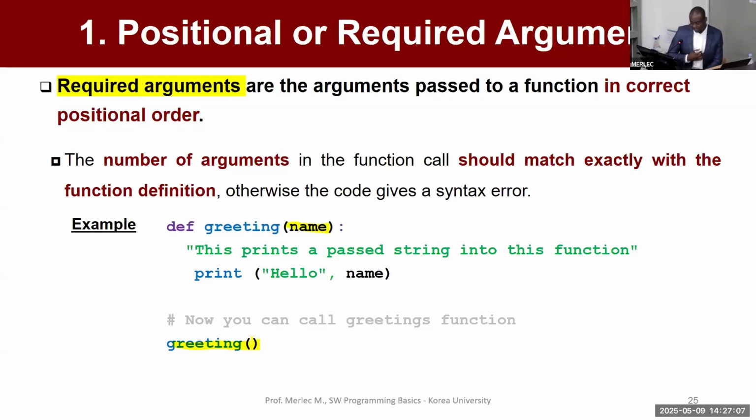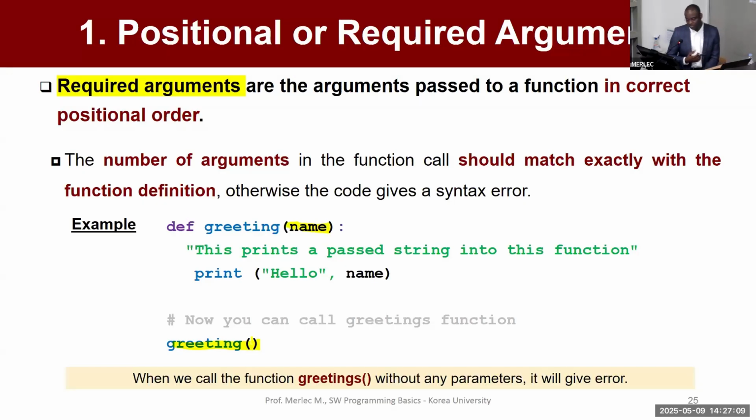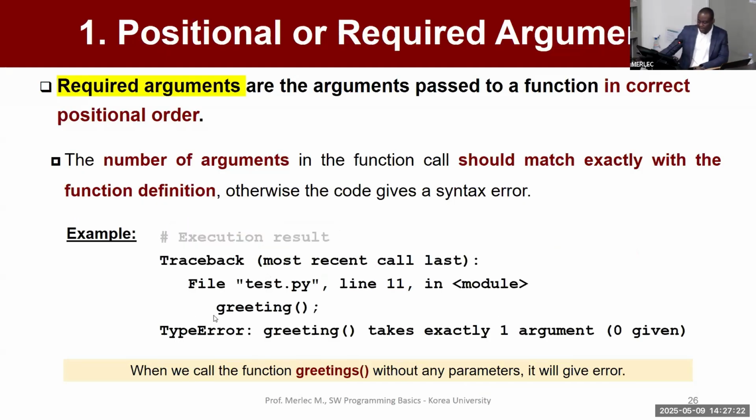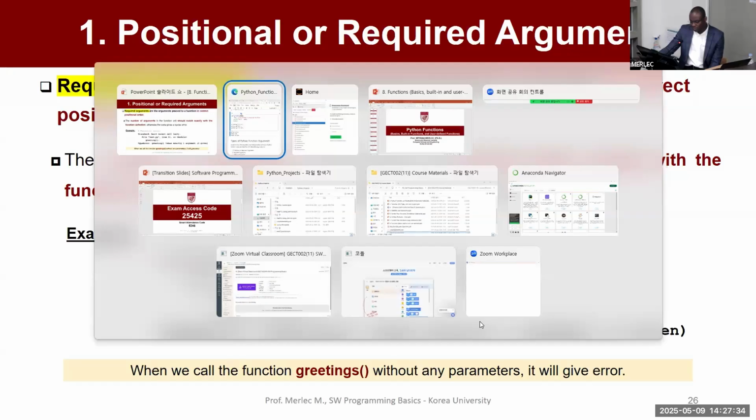This will raise an error, because the Python interpreter is expecting a value for the function to run properly, but you don't provide any value, so it will raise an error. It will be this kind of error: Traceback, most recent call, and then it will find out that nothing has been provided because it's expecting at least one argument.